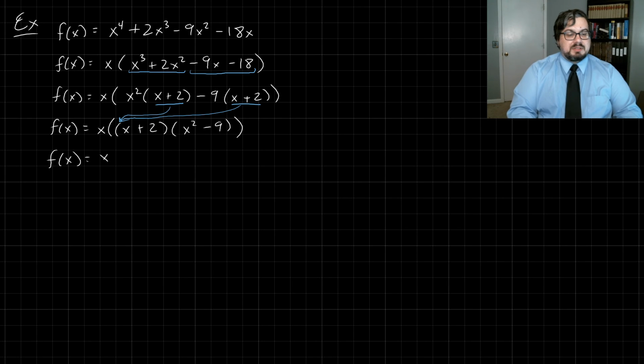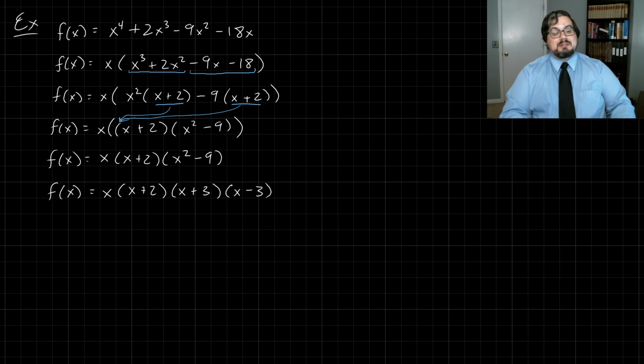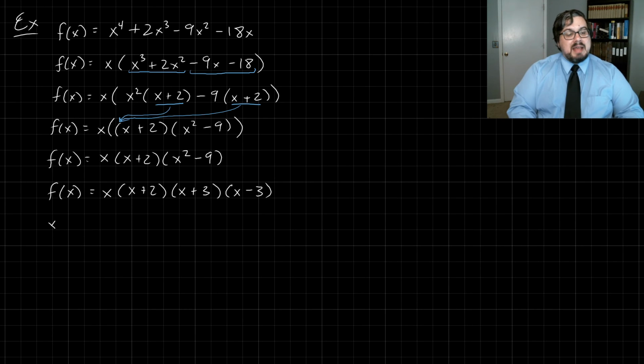Now, of course, that allows us to drop the outer set of parentheses, but we're not quite done. X squared minus 9 can factor because that's a difference of squares. So x squared minus 9 factors as x plus 3 times x minus 3. And so now we can write down all our various x-intercepts. We have an x-intercept of 0 coming from our first factor of x.